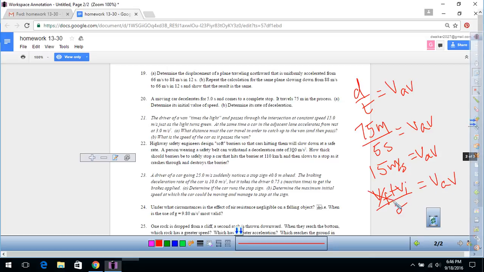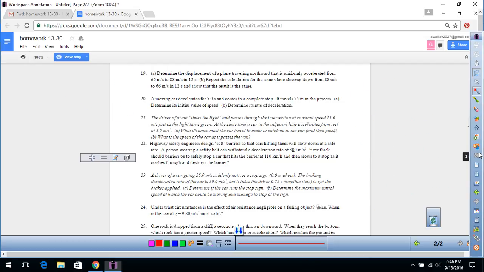We know this is 0. We know this value. We know 2, and we know V. We're looking for VI, so that should be no big deal. You can get that. And then we want the rate of deceleration, so we're looking for A. So if we have VF equals VI plus AT, now we know this is 0. This is going to be 30, I believe, and this is our 5 seconds, so we can get our A. And it better come out negative. Okay? All right, let's see what this one says.